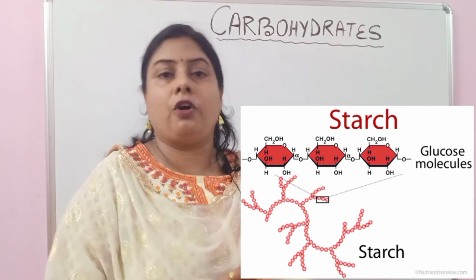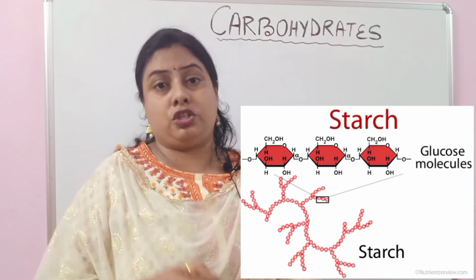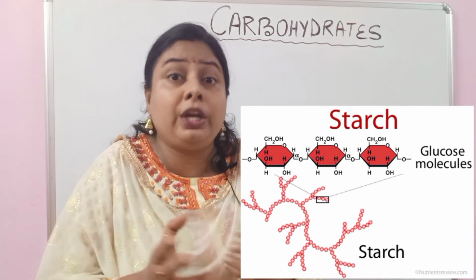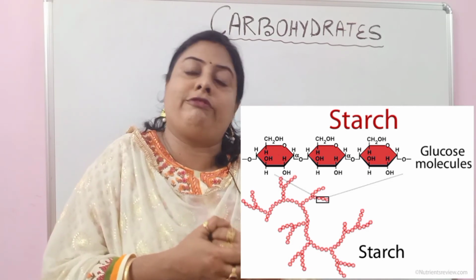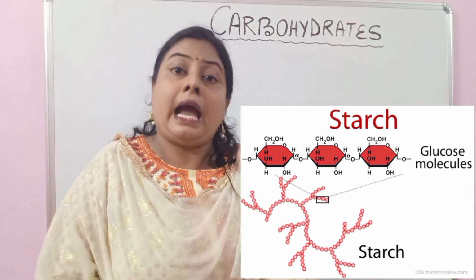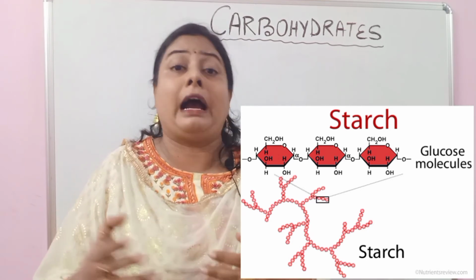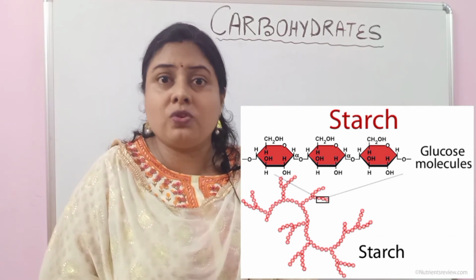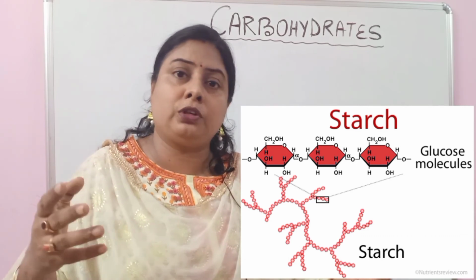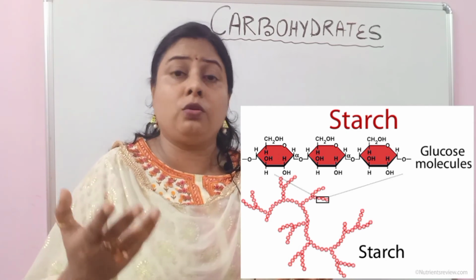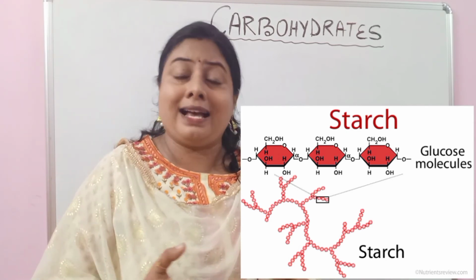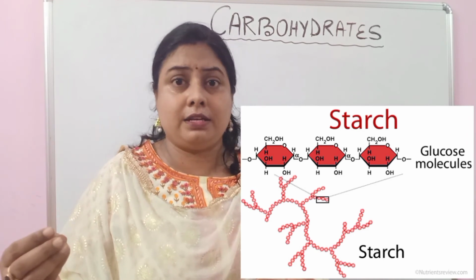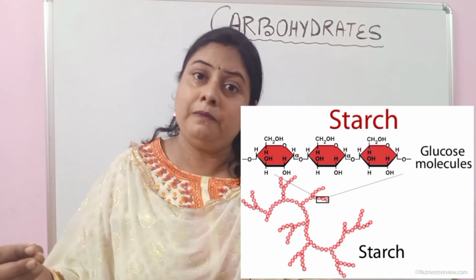The amylose component of the starch can hold iodine molecule in its conformation and hence gives a blue-black color. And that is the test for starch. Remember in class 10 we studied about the test of glucose or photosynthesis as the presence of starch with the help of iodine test giving blue-black color.